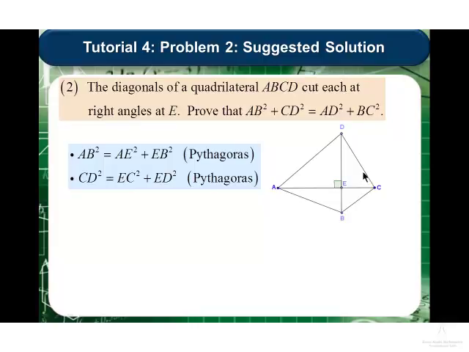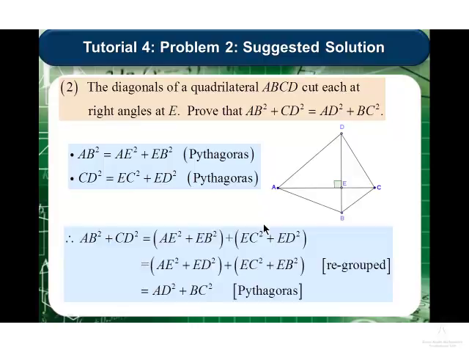Similarly, we know that CD, the other side length of the quadrilateral, is the hypotenuse for the right triangle DEC. Note we have 4 such right triangles with respect to the point of intersection E. We have that DC squared is equal to EC squared plus ED squared. That's also by the theorem of Pythagoras.